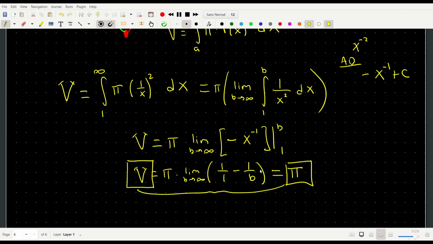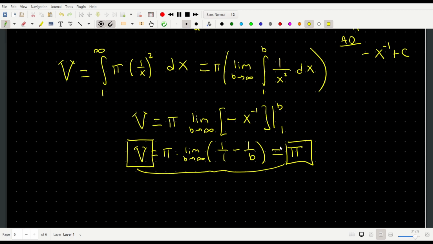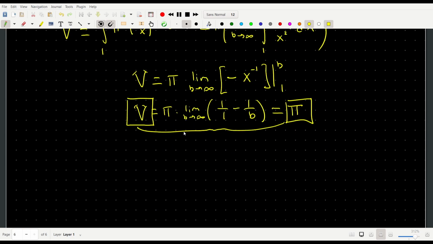So we've computed the volume of the region contained within the surface, and it's this finite value of pi. And now we want to go through and look at the surface area of this surface of revolution.